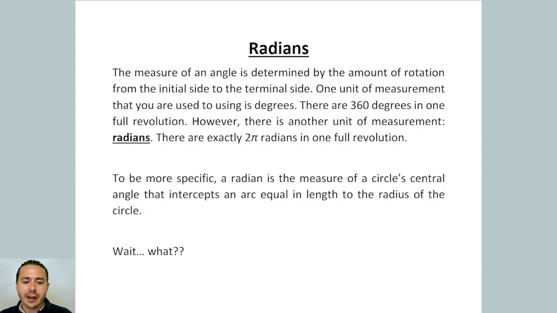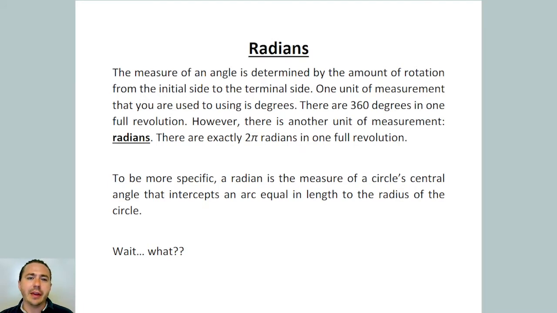Okay, so we've got a little definition up here. It says the measure of an angle is determined by the amount of rotation from the initial side to the terminal side. That's what we talked about last time, right? One unit of measurement that you're used to using is degrees. There are 360 degrees in one full revolution. However, we're going to talk about radians today.